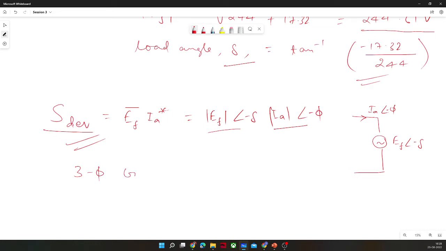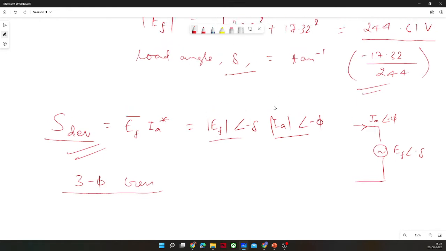Sir, small doubt. Yeah, please. Sir, load angle means theta is a small load. Sorry, which step, can you repeat it? Load angle is equal to tan inverse of minus 17.32 by 244.